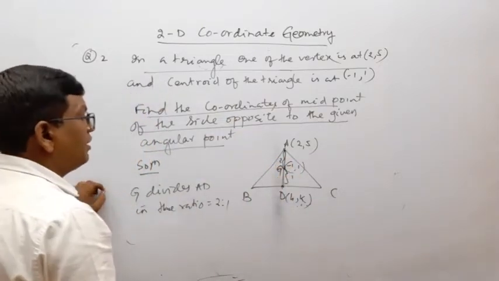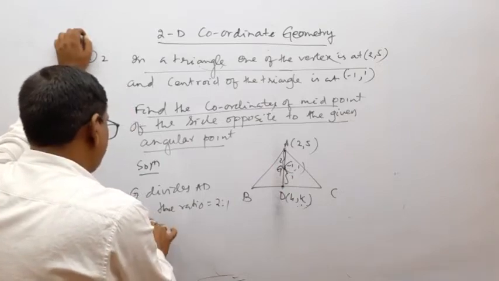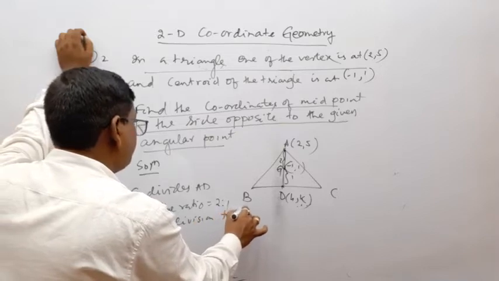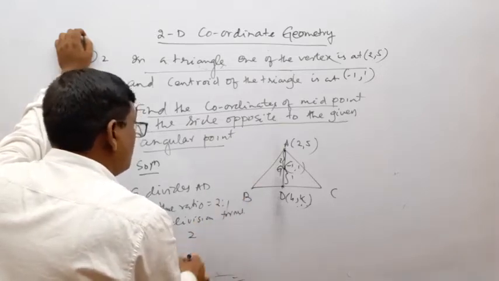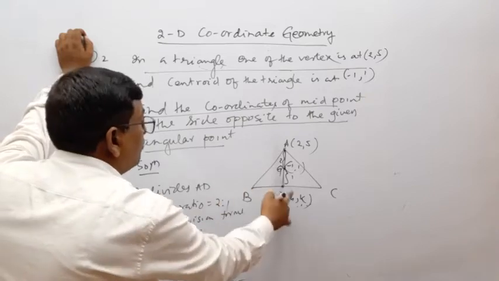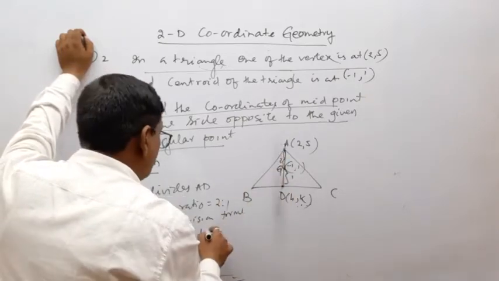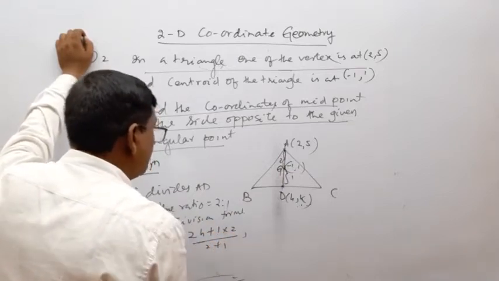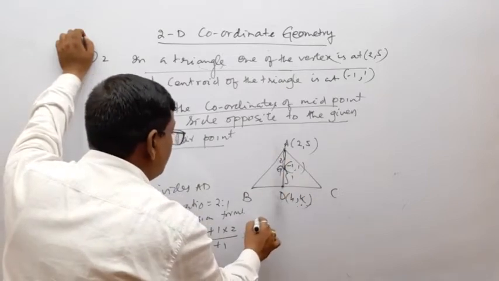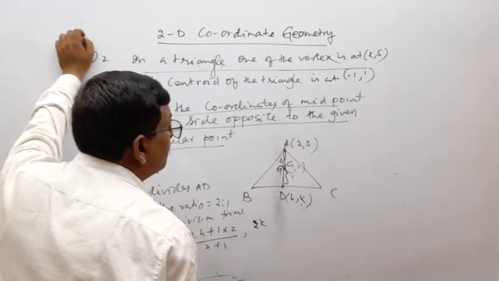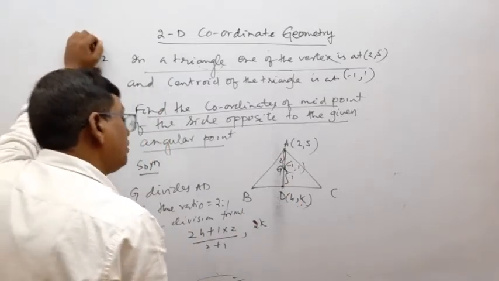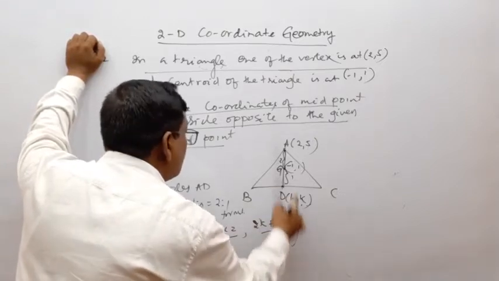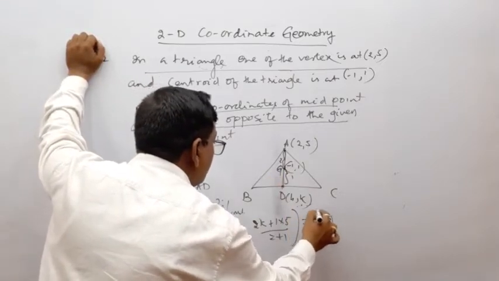By the division formula, that is 2 into h plus 1 into 2, divided by 2 plus 1, comma 2 into k plus 1 into 5, by 2 plus 1, is equal to the centroid, that is minus 1 comma 1.